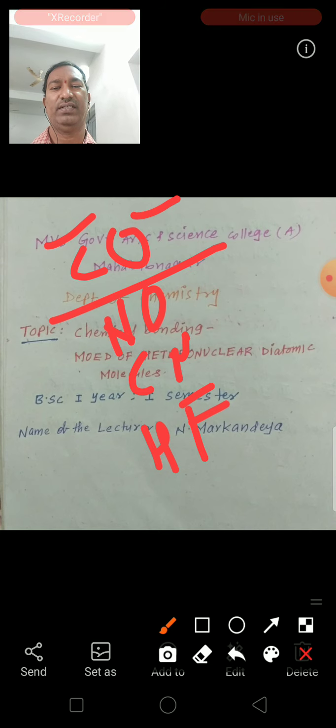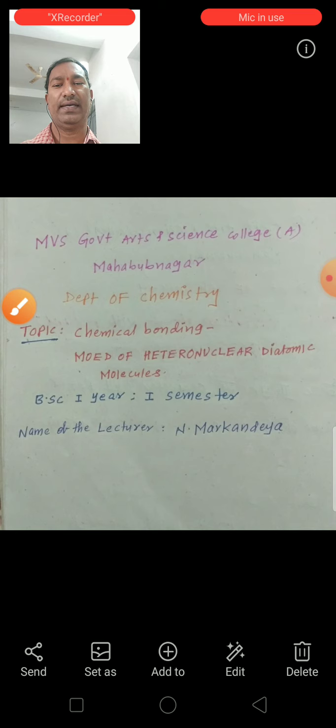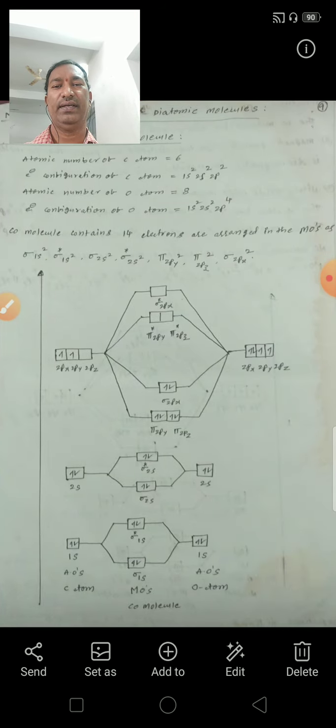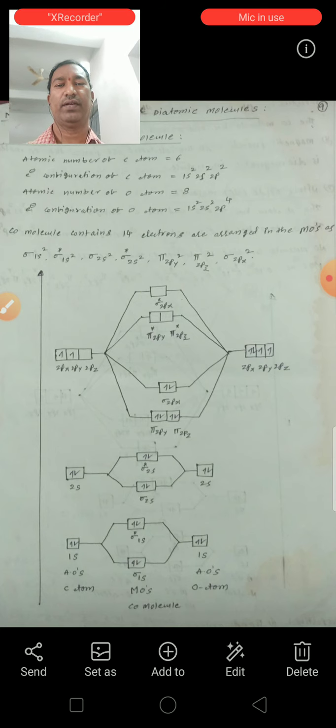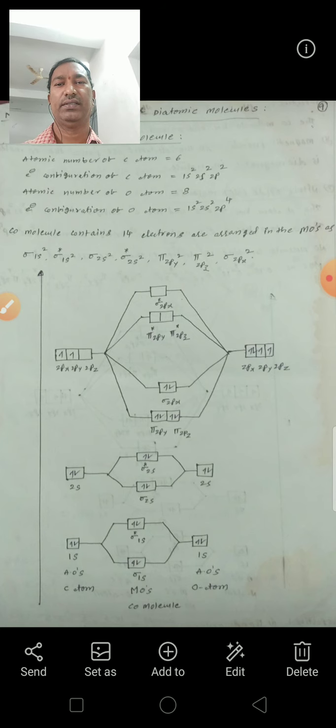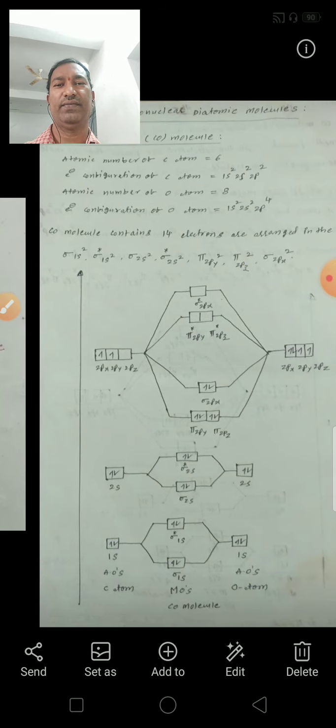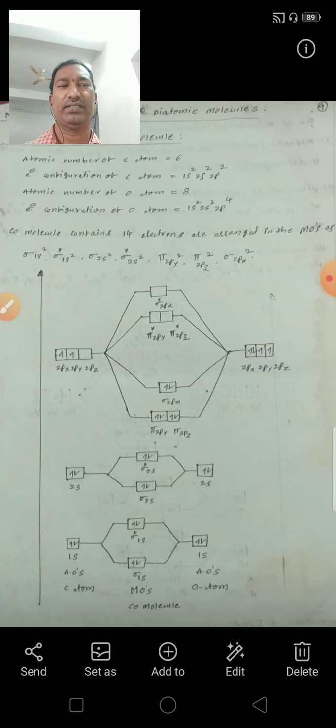These molecules are known as heteronuclear diatomic molecules. So we have to see the molecular orbital energy diagram for these heteronuclear diatomic molecules. See the first, carbon monoxide.